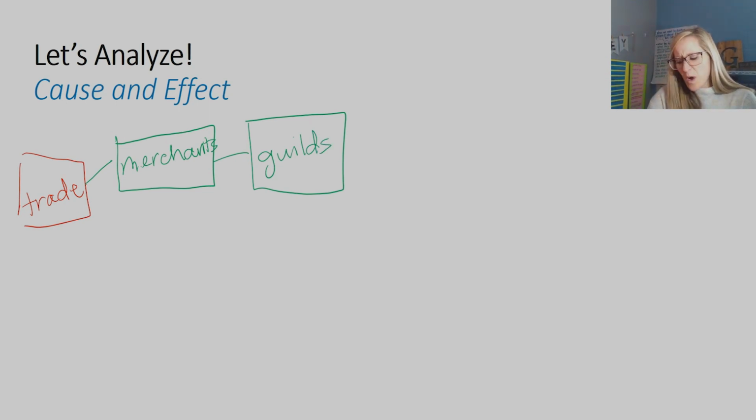And I'm thinking, well, why? Well, we needed merchants, and merchants then grew into guilds. So again, when I think of cause and effect, we started with trade, then we had merchants, and then that created and led into guilds.